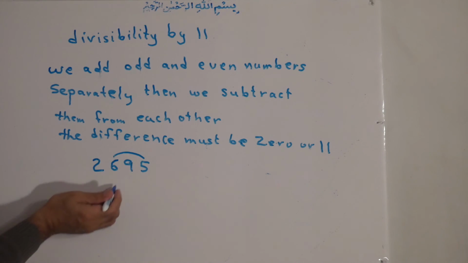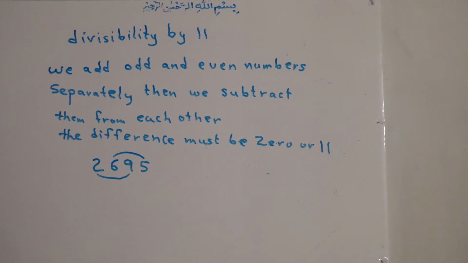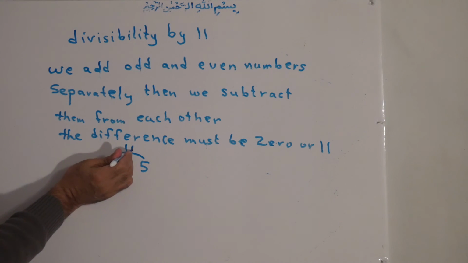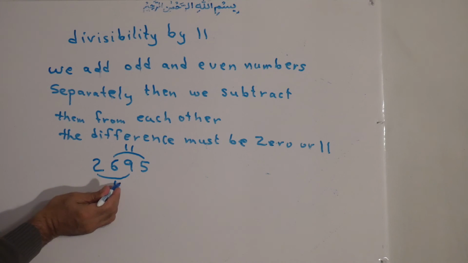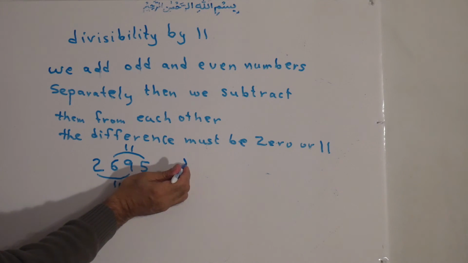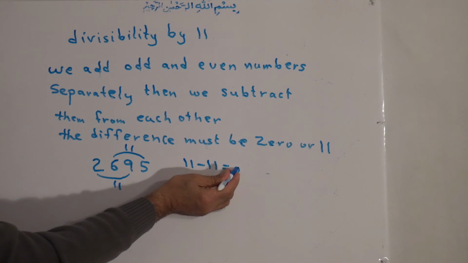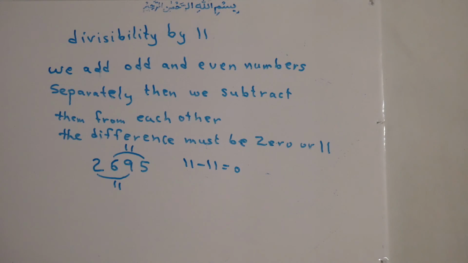The third one is also an odd digit; this and this are even digits. 6 plus 5 is 11, 9 plus 2 is 11. 11 minus 11 is equal to 0. We say that this should be 0 or 11, and because this is 0, this number is divisible by 11.